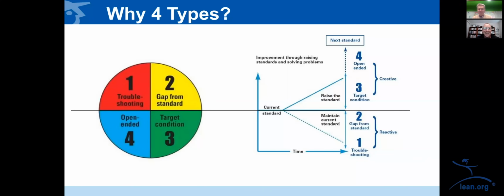Right. A couple of questions, I guess they're training related. Do you recommend teaching one method of problem solving like A3 thinking, setting that as a standard and using it throughout the company, and then going on to the others? Basically, yeah. And that's debatable, by the way.